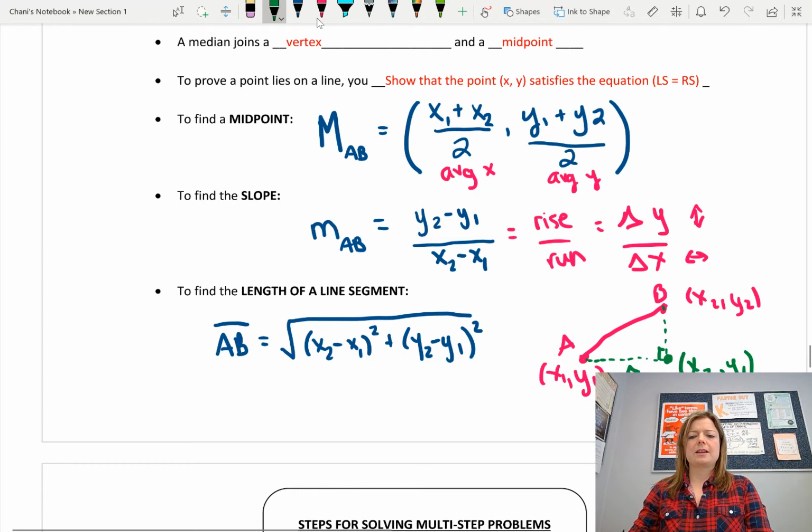So this side of the triangle is just however far apart these x values are. So it's however big x2 is minus x1. And the length of this side of the right angle triangle is just how far apart the y values are. So y2 minus y1. And then we just use Pythagorean theorem rearranged to come up with this equation.